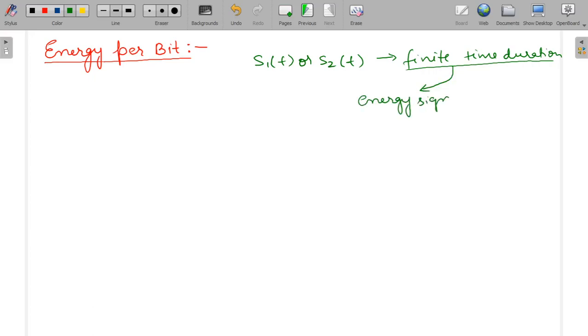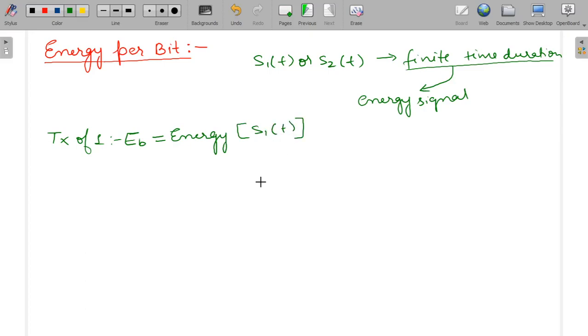So there will be some energy associated with this. When the transmission of 1 happens, then our energy per bit Eb is equal to the energy of s1(t).